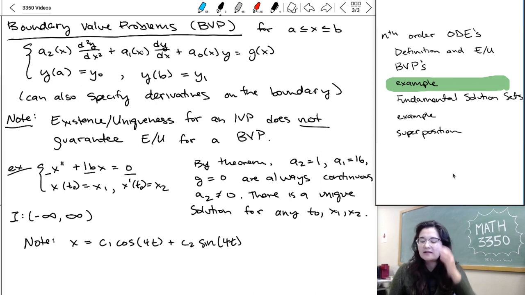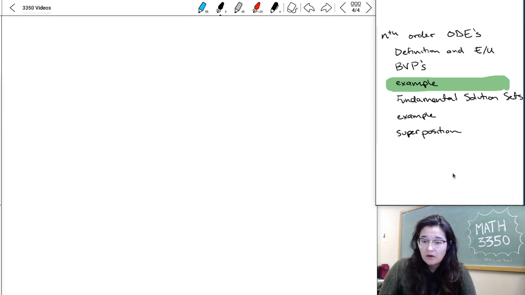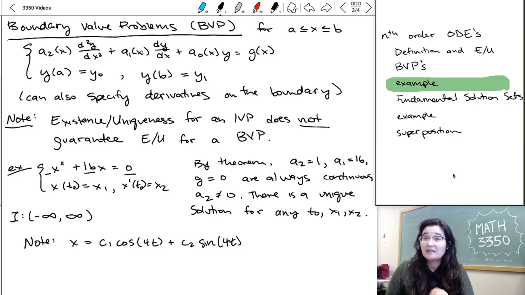And the way we're going to see that the boundary value problem doesn't have solutions is just going to be by trying to find those c's for given problems. So, pause here if you needed to write down some more stuff before I change the page.